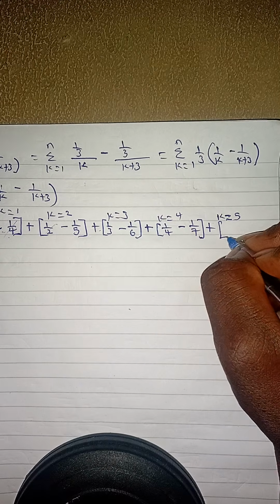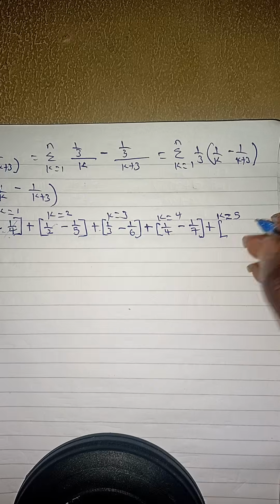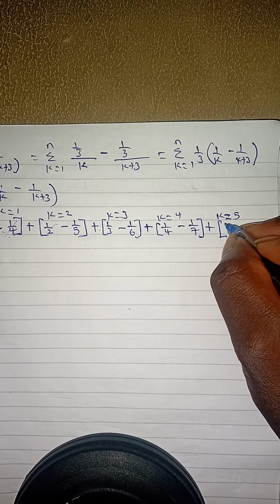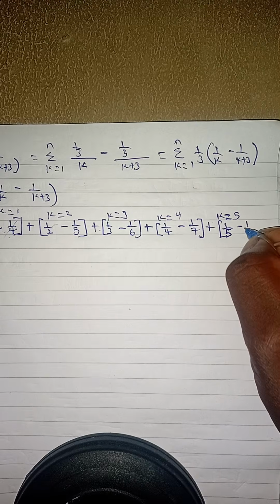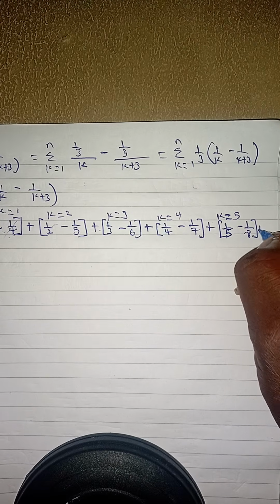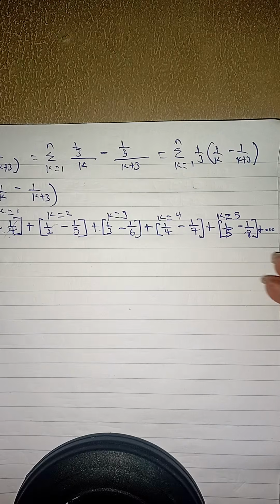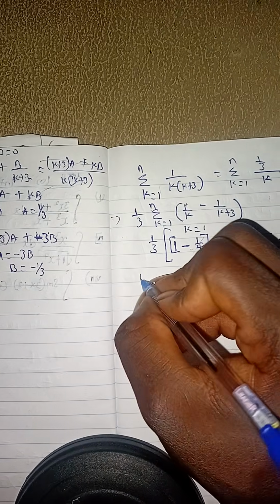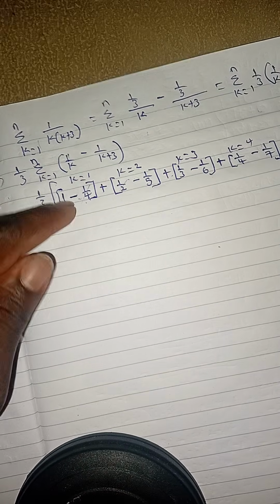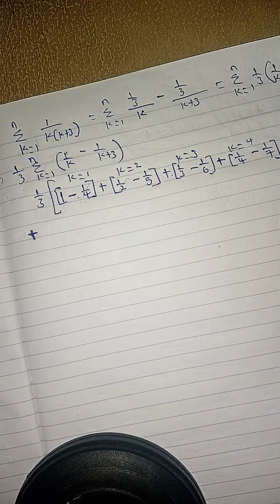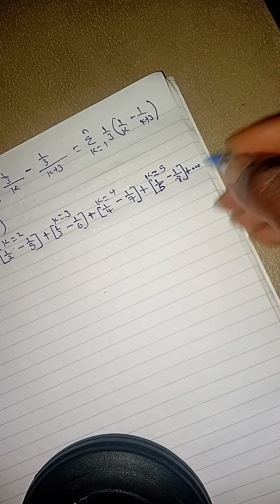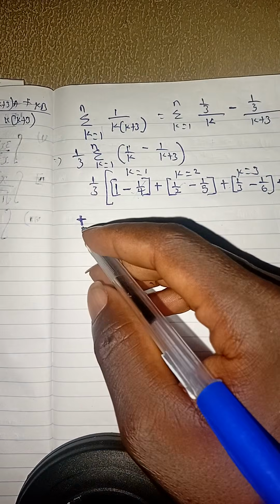If you really understand the concept, you may not have to add. So when k equals 5, we have 1 over 5 minus 1 over 5 plus 3, 1 over 8, plus dot dot dot, then plus. Now to make it easier for you, if you write 5 terms here, 1, 2, 3, 4, 5, and you now skip all the in-between terms, don't just jump to the last term.